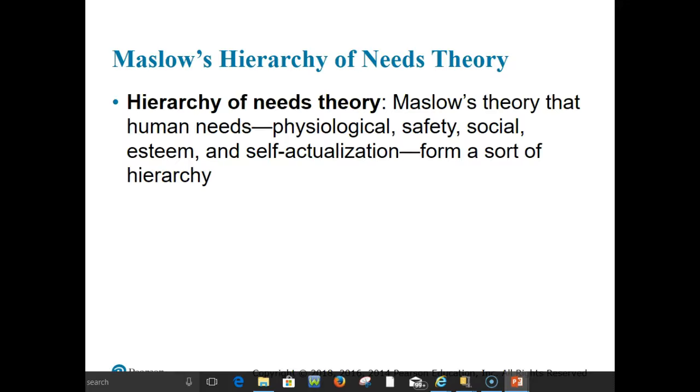An individual moves up the needs hierarchy from one level to the next. So, again, Maslow's theory is that human needs are physiological, safety, social, esteem, and self-actualization, and they form a sort of hierarchy, as I just explained.